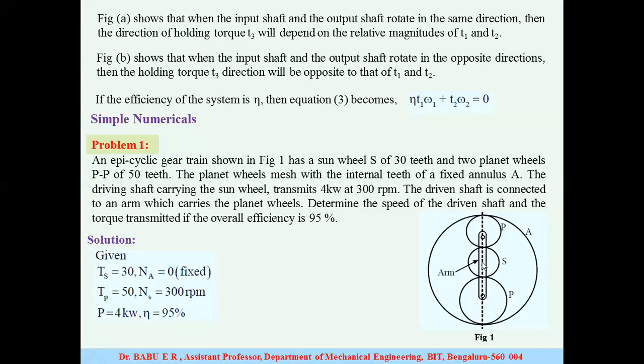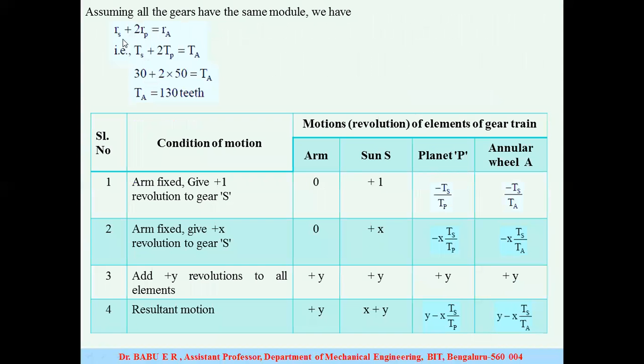From the center, the radius RA equals RS plus RP plus another RP, so RA equals RS plus 2 times RP. This pitch circle radius is directly proportional to the number of teeth, assuming the module is the same.